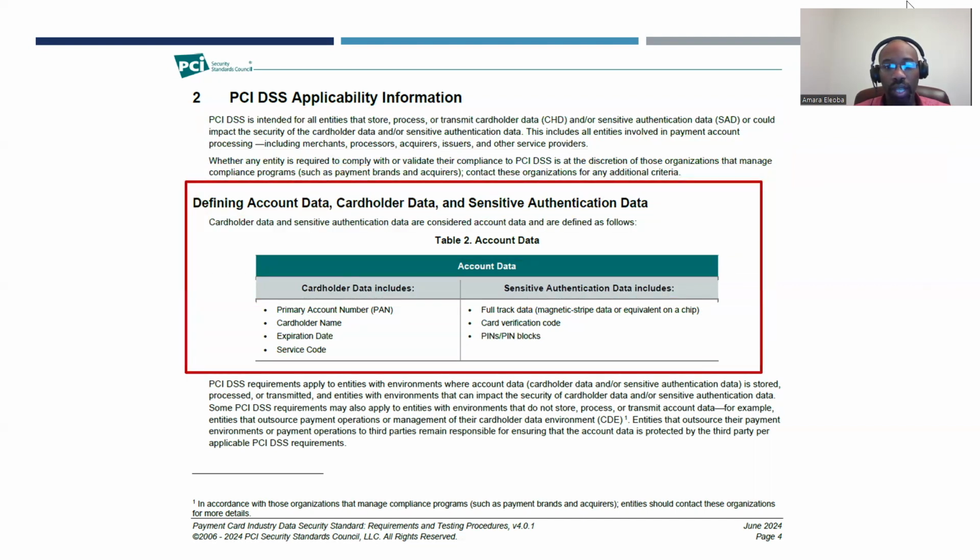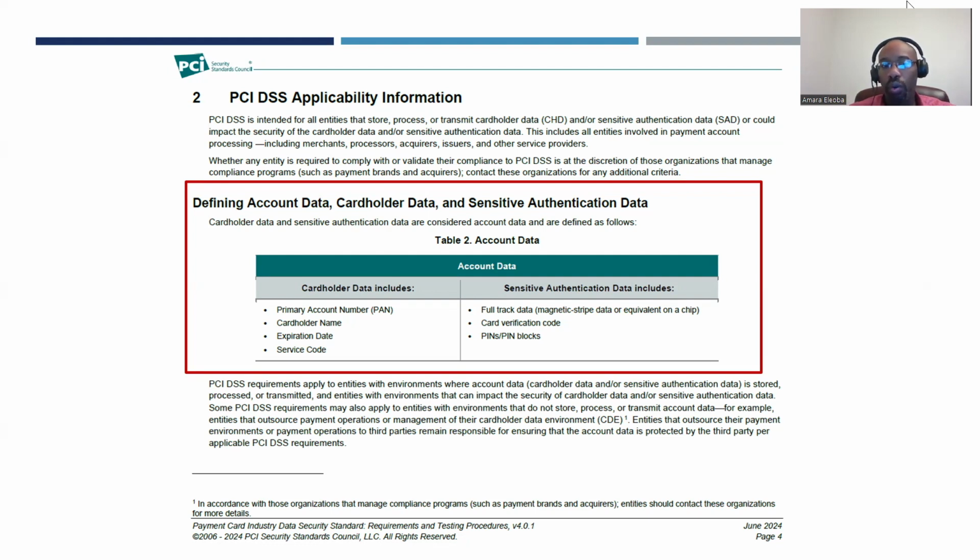So account data consists of what we call cardholder data and sensitive authentication data. As you can see here, cardholder data includes what I call the 16-digit credit card number. Now, PCI says it's the primary account number, but for those of us not familiar with what that means, it's referring to that credit card number.